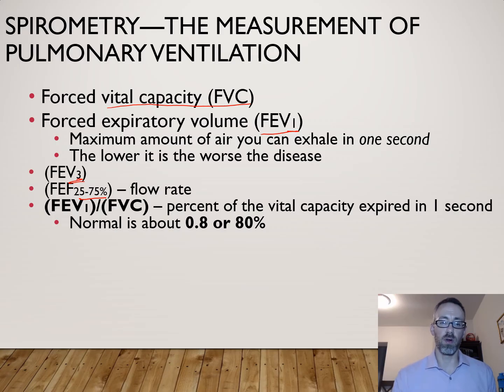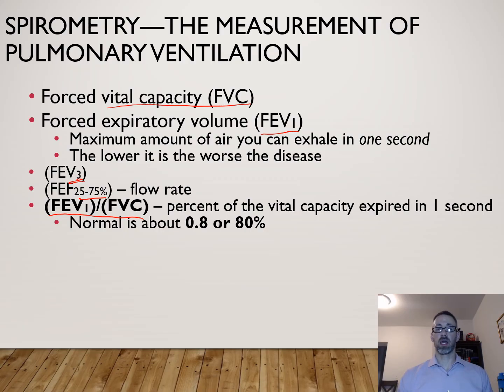And then lastly, one of our most important variables here is actually this ratio, where we take the expiratory volume in 1 second, and we make it a ratio of their total vital capacity. So in other words, let's say I can exhale 4 liters of air, okay, in 1 second. Well, how much of that is of my total capacity?